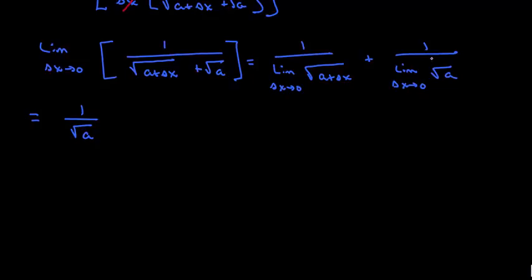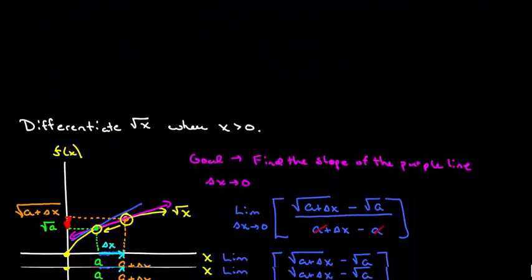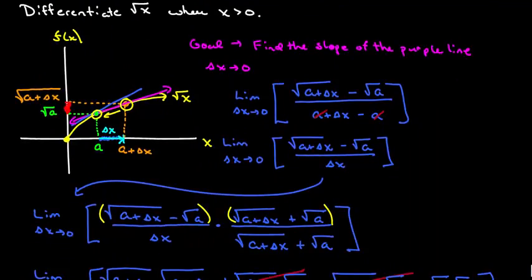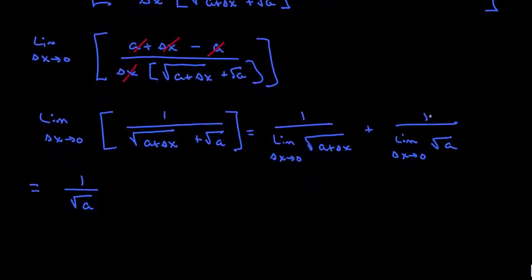And the second guy, this is a constant because A is not changing as delta x changes. A stays where it is. A is just this guy right here. So this thing is equal to 1 over the square root of A. And I have got two of these guys down here at the bottom.